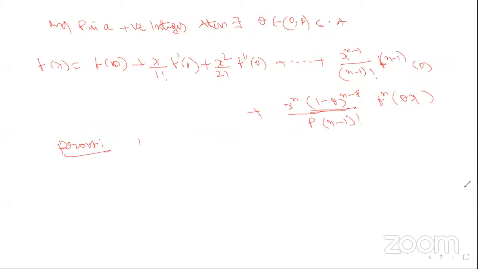Proof: put a equal to 0, b equal to x, and c equal to theta x, for some theta belonging to (0, 1). The value of theta lies between 0 and 1.